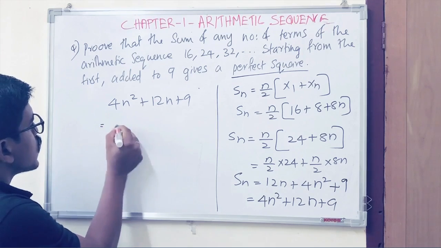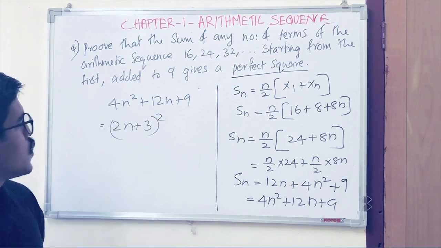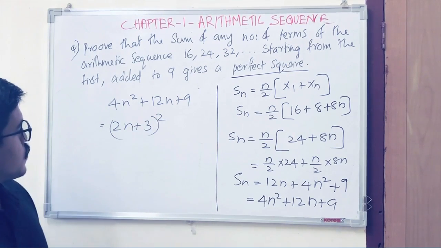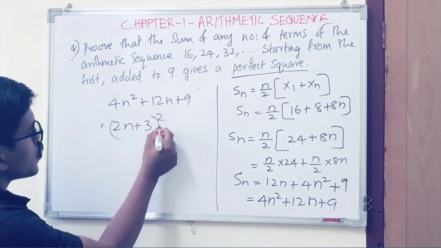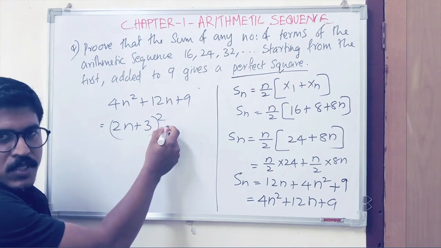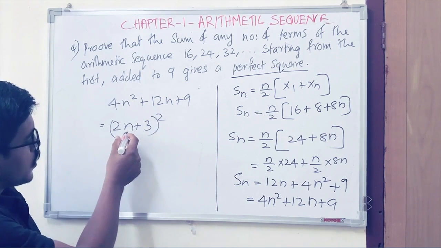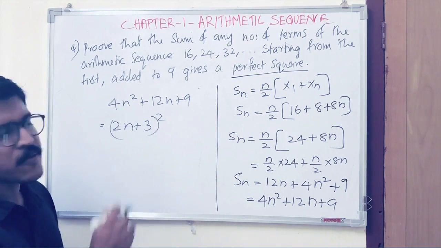From this we can write this as (2n plus 3) whole square. So here itself it's clear that it is a square. Any number we put in n, we will get a perfect square itself.